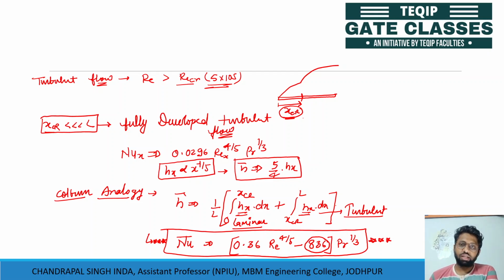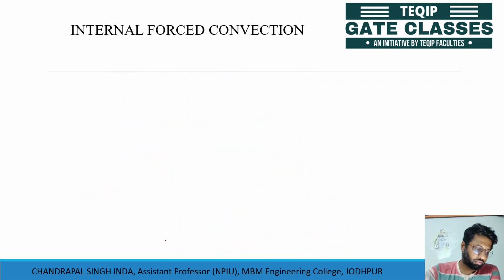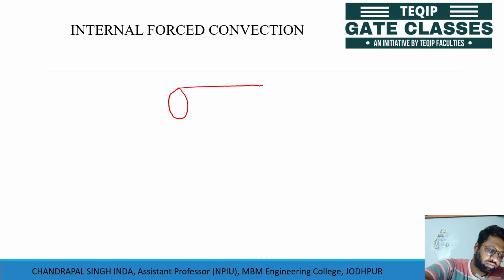So now let's start with internal forced convection. In internal forced convection, fluid is allowed to flow through a closed conduit. So let's understand. We consider a closed conduit of circular cross section, or a circular pipe.